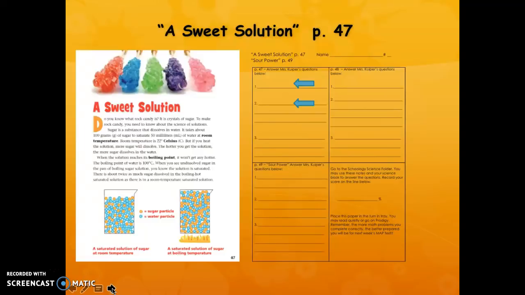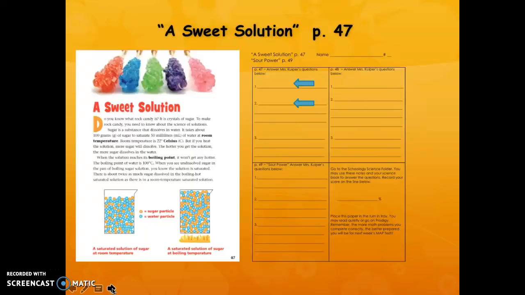All right, for my third question from this page, how much more sugar will dissolve in a boiling hot saturated solution compared to one at room temperature? So you could saturate sugar in room temperature water. You could heat the water and boil it.